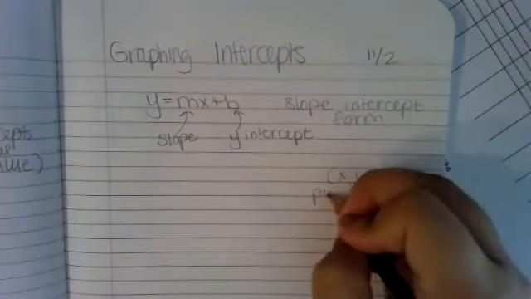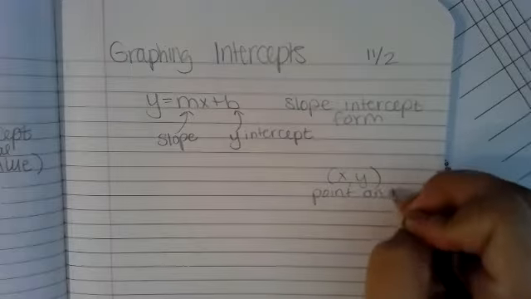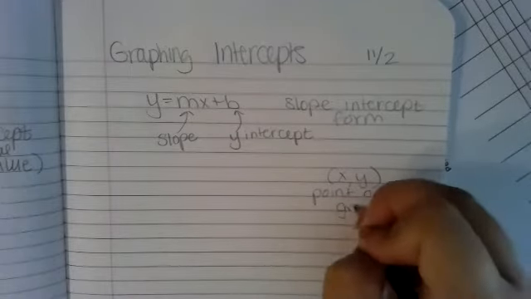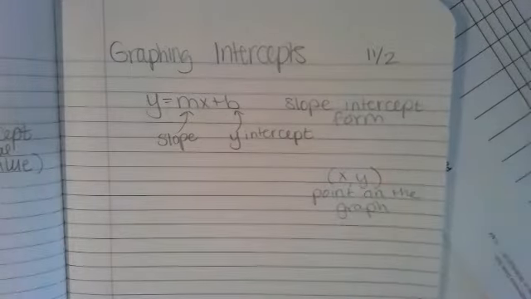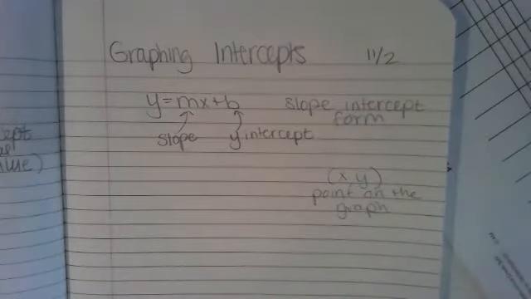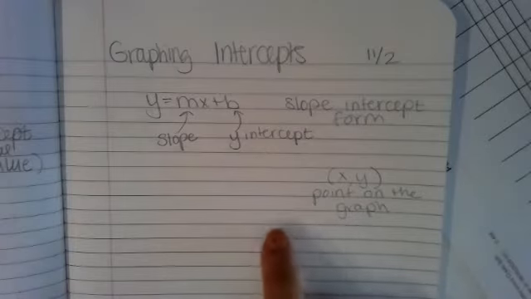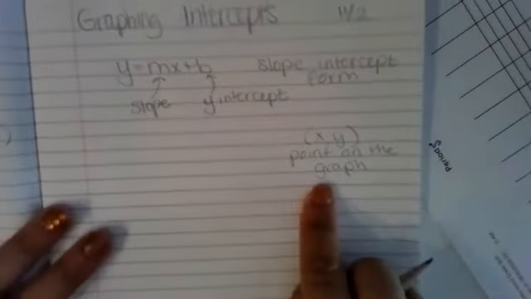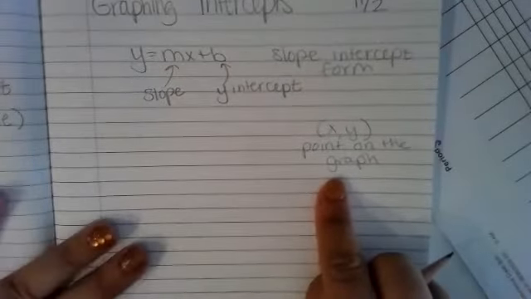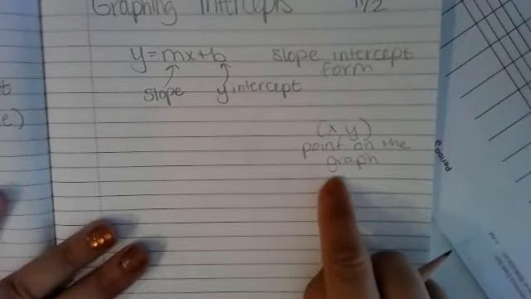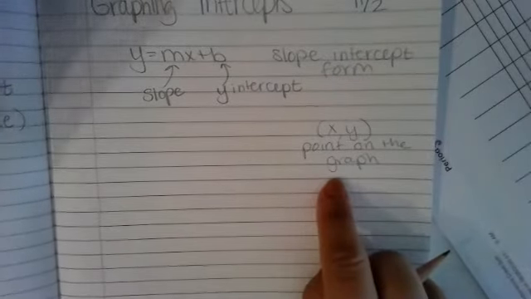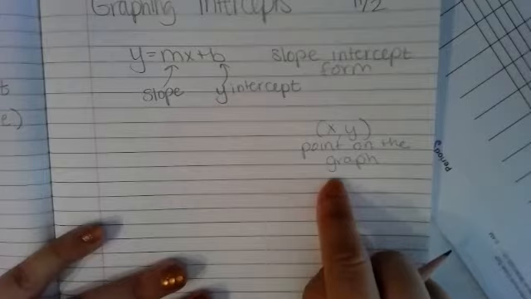The intercept is a point on the graph, so we will be writing all intercepts in this format. If you do not write it in this format, it will not be correct.